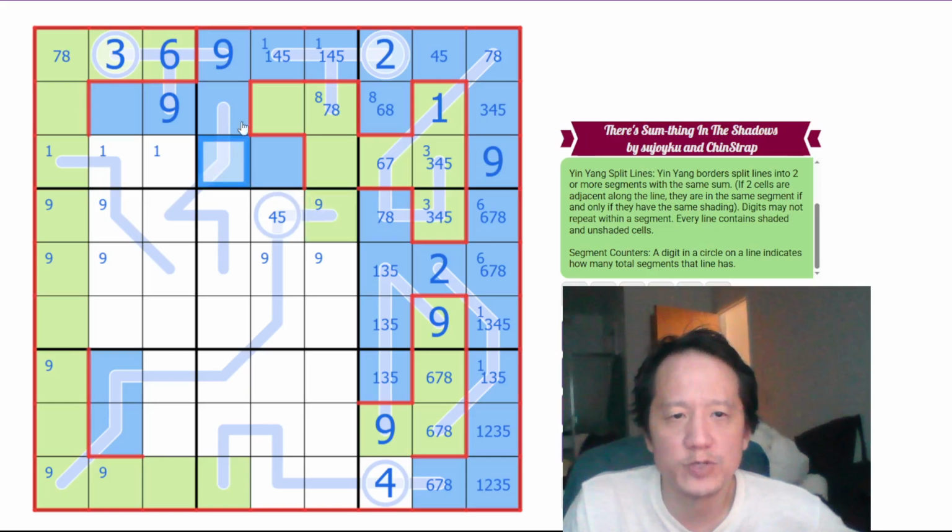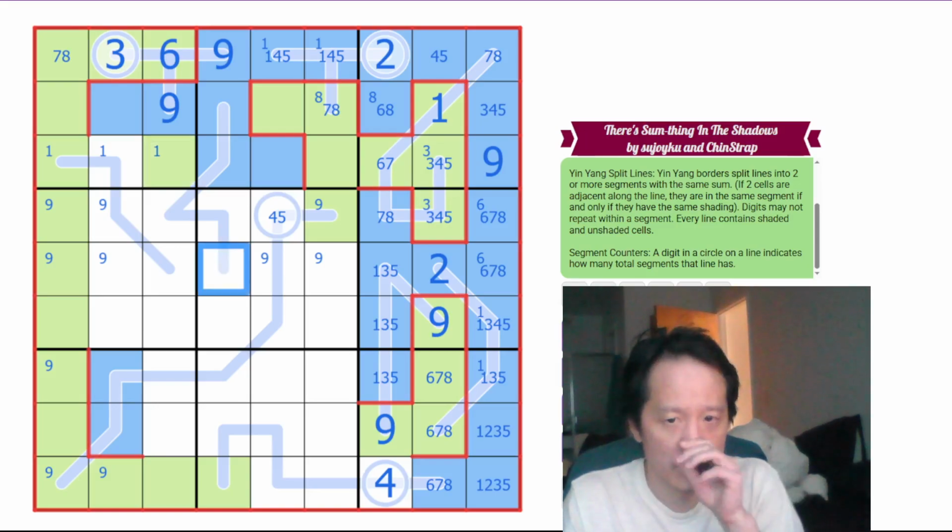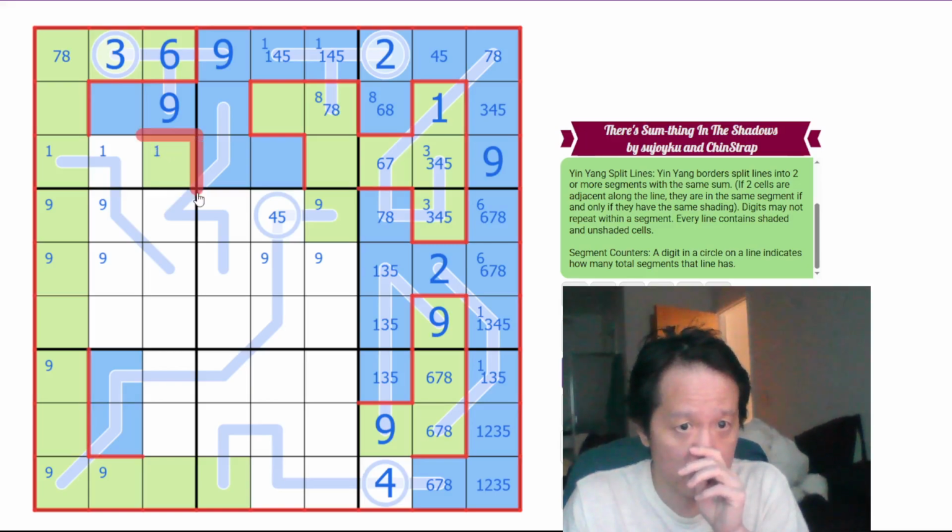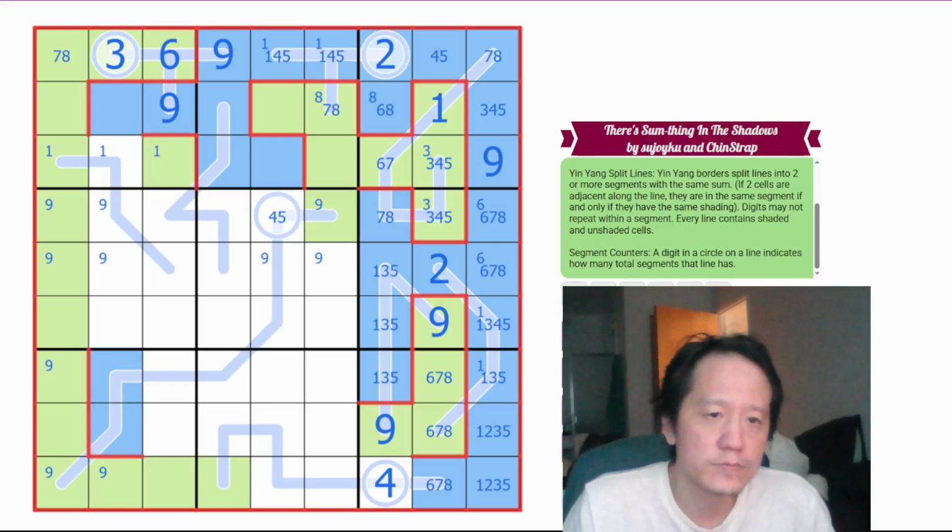This blue must be connected because of the yin-yang aspect. This is 3 blues, so this can't be blue. This is green. This is a separate region.